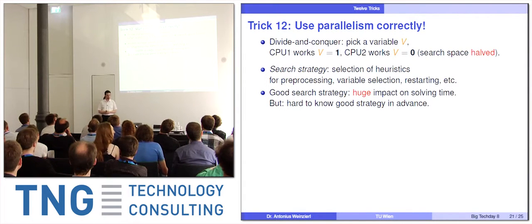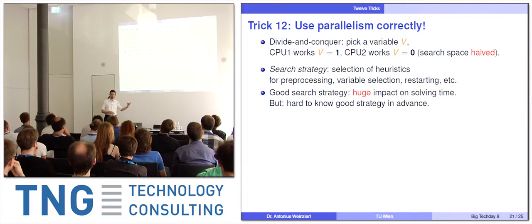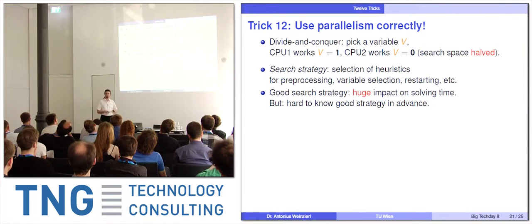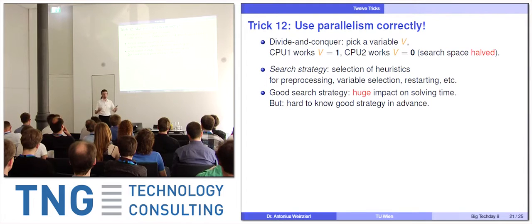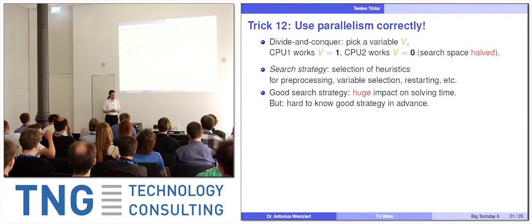This is a selection of heuristics for pre-processing, variable selection, restarting, etc. I've shown you a few heuristics right now, but if you read the manual of one of the SAT solvers, then you will see that you have a plethora of 200, 300 heuristics where you can select which one you want for which task, and you don't know which one you should pick.